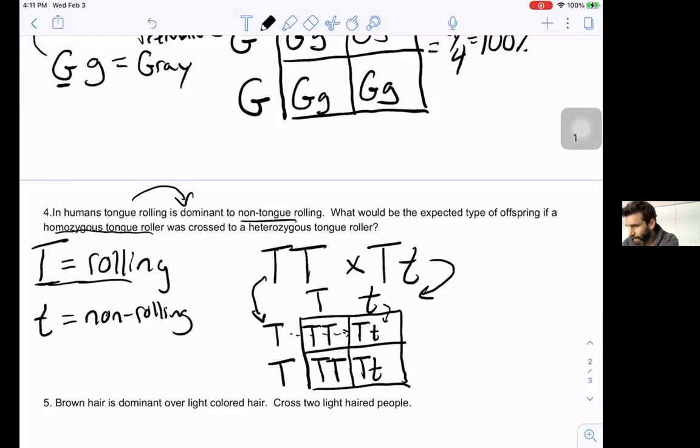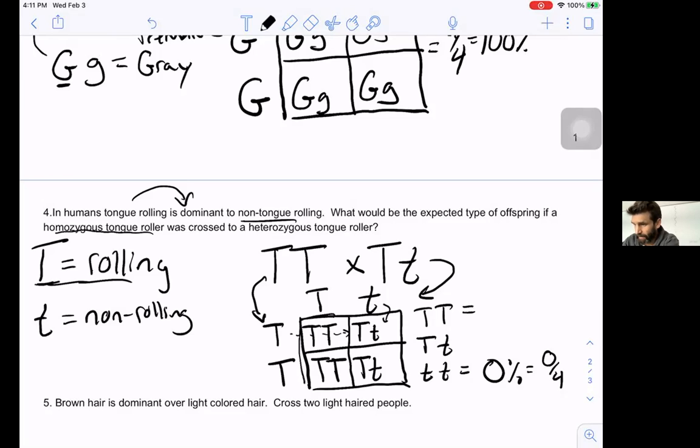So of the possible genotypes, we have 0%. That is 0 out of 4 are non-tongue rollers. In this case, they only can produce tongue rollers.